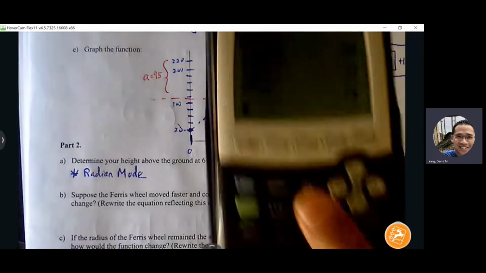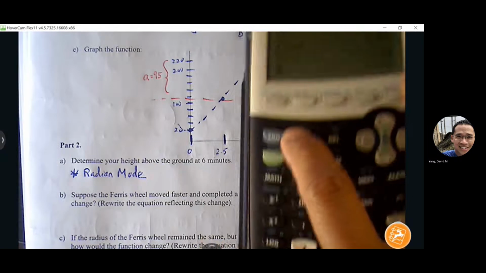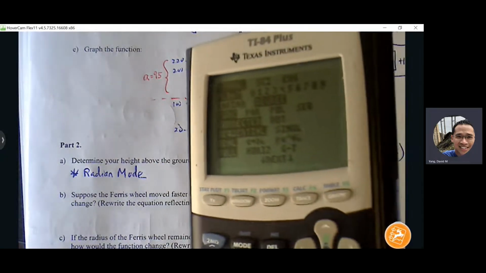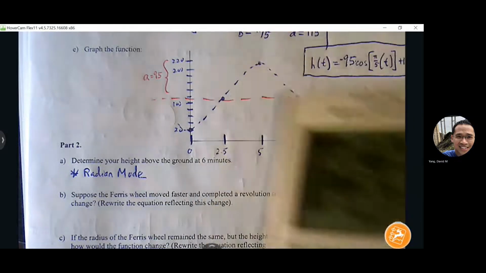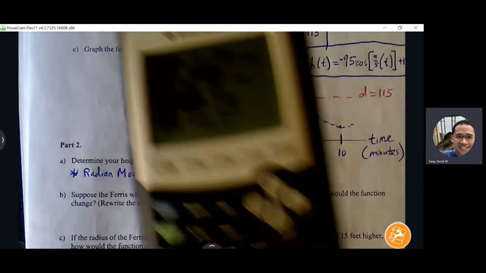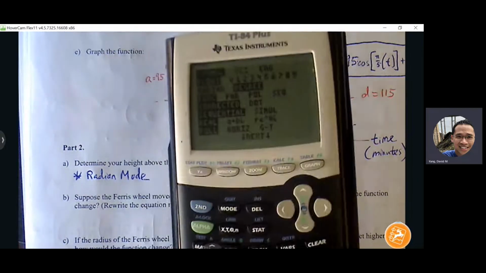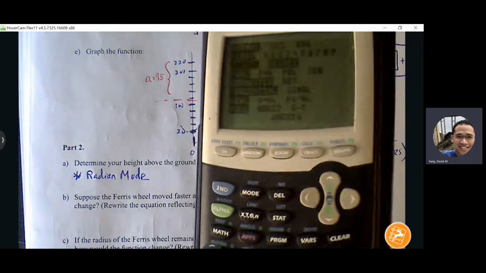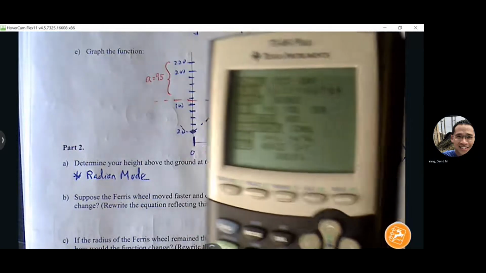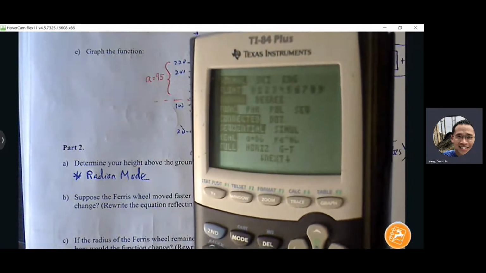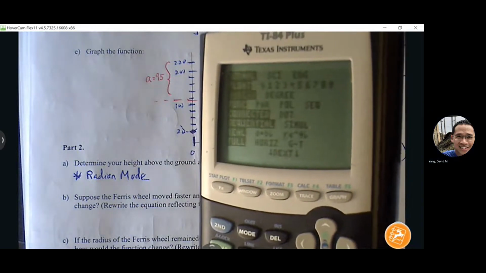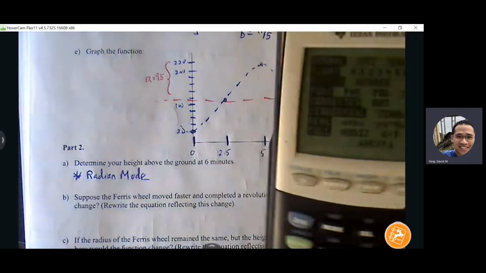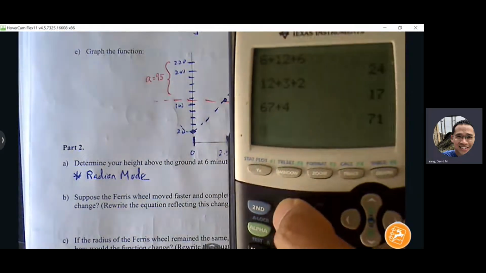So in your calculator, if you go to mode, you can see if you can find that radian. I don't know if you can see it here. Yeah, find that radian to toggle to that radian form, and then do second mode to go back to your home screen.